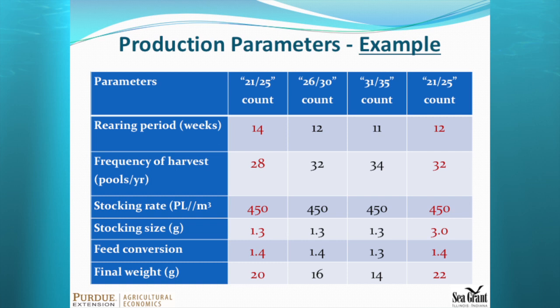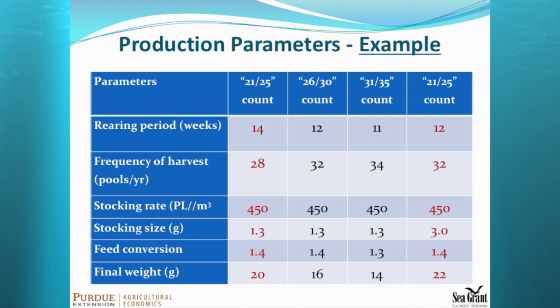So the main things to look at in this data are the size of the shrimp at market size on the top, and the difference is the stocking size, basically. The most right-hand column is using larger animals going in, and that affects the frequency of harvest and the rearing period.